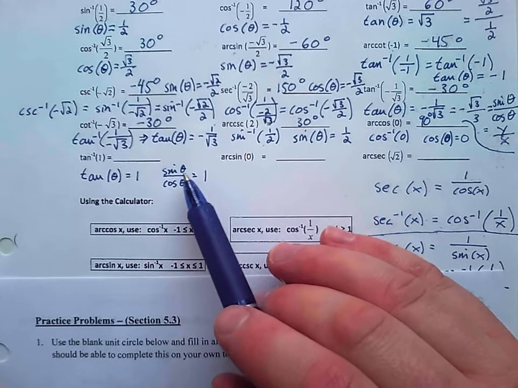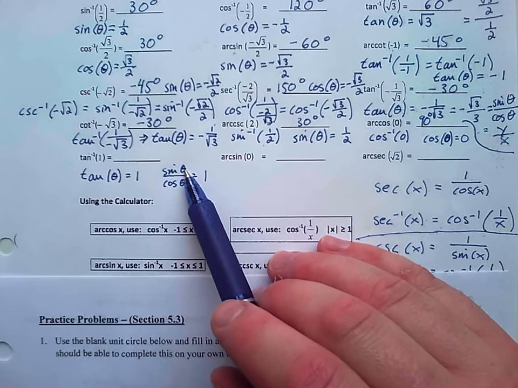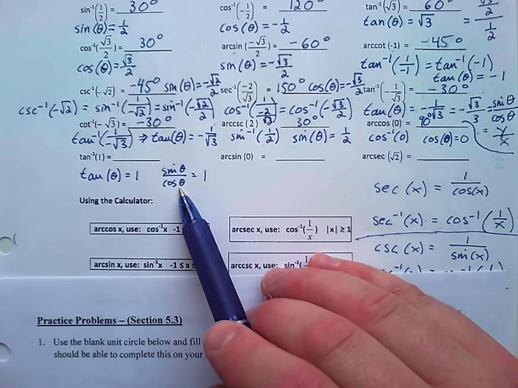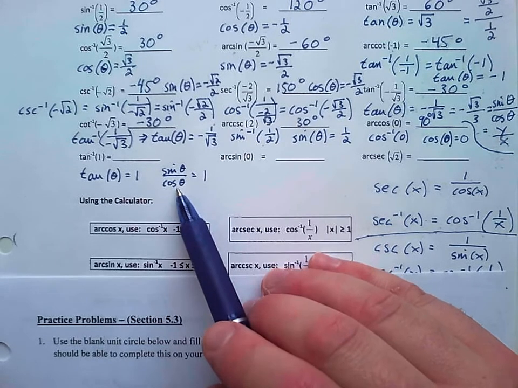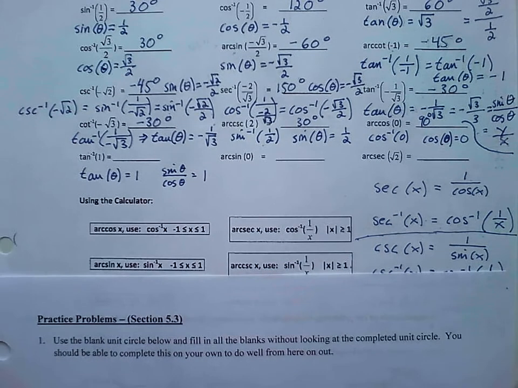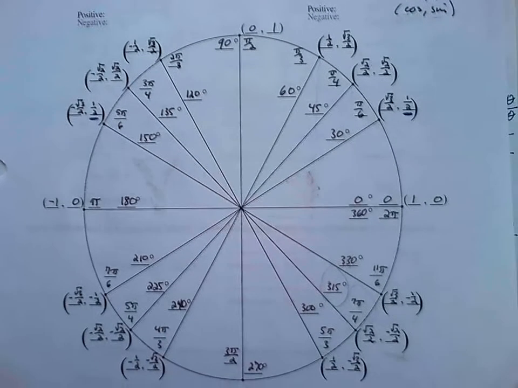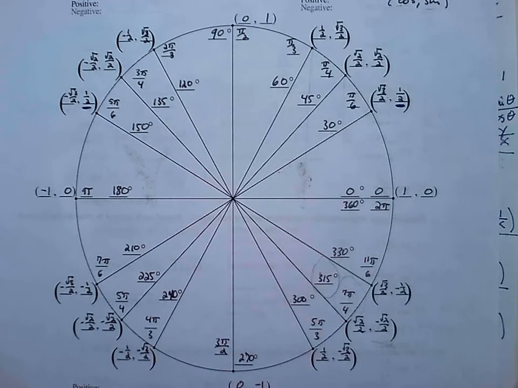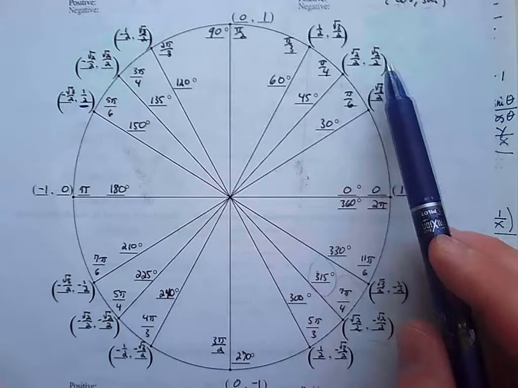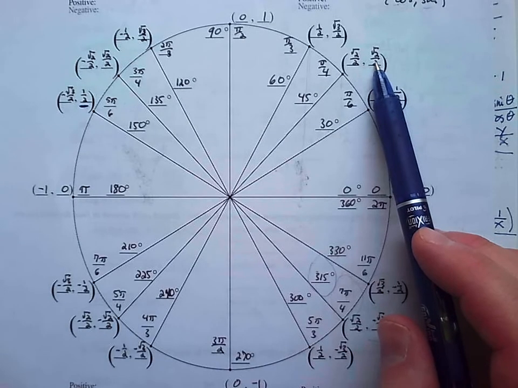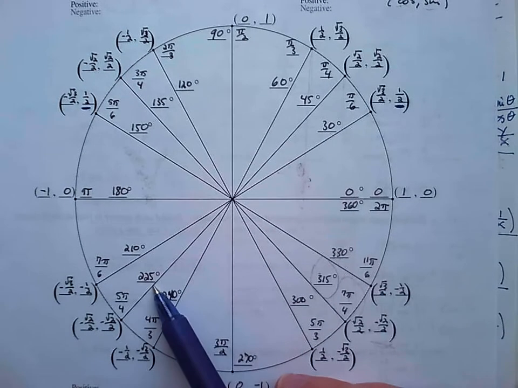So basically, we want to have that the y value is the same thing as the x value. So here, if we're again looking for the y value being the same thing as the x value, we can either have 45 degrees or we can have 225 degrees.